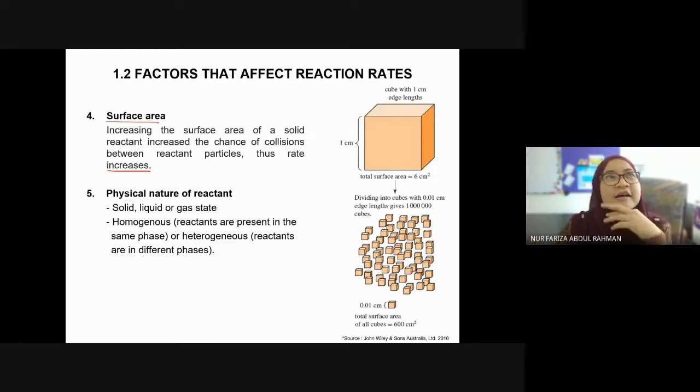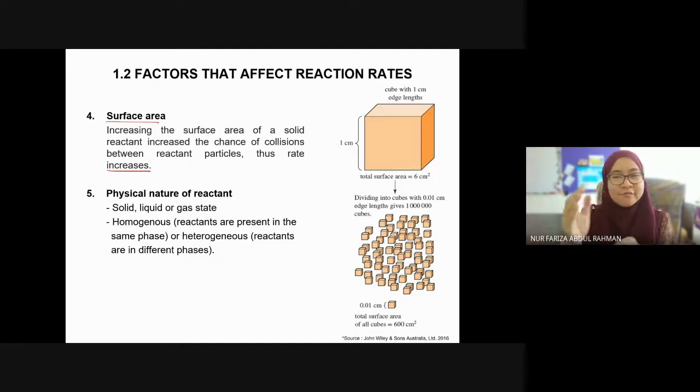Katakanlah, yang ni saya ingat kita pernah belajar yang chemical bonding, the intermolecular forces. Remember last time the London dispersion forces yang ada, yang dia gemuk, dia bulat dengan dia panjang tu. Tu saya ingat.